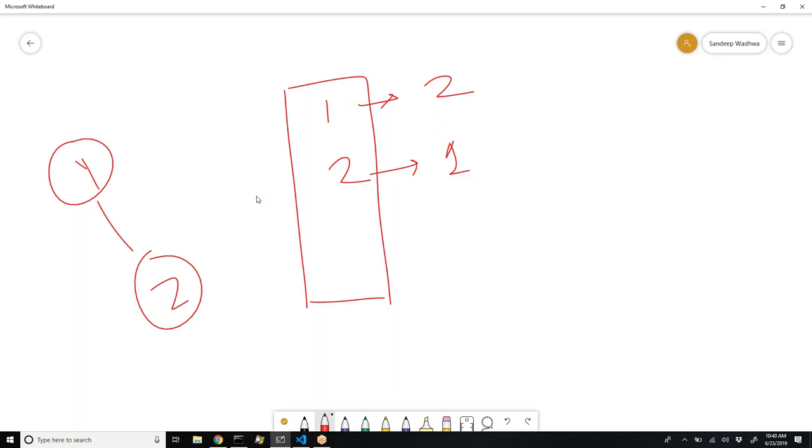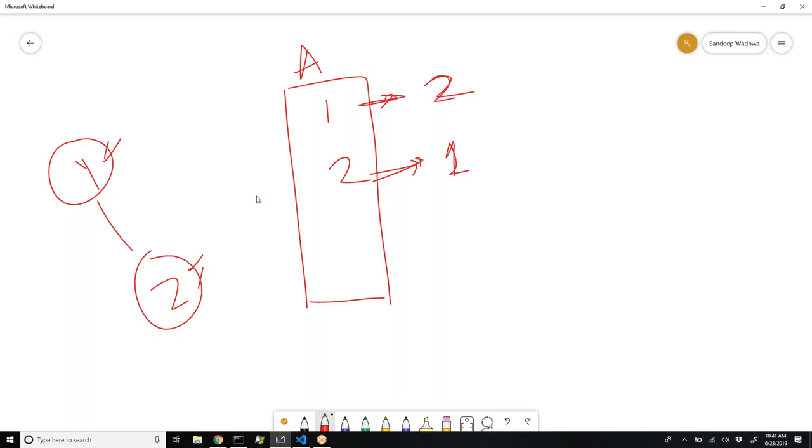Undirected graph. 1 is friend with 2, 2 is friend with 1. Yes, Sandeep. So this is an array. In that array we are pointing to a list. In that list, in 1 we are putting 2, in 2 we are putting 1. That's the reason we are doing it. Because this is an undirected graph. If it was a directed graph, we would have inserted only one edge.